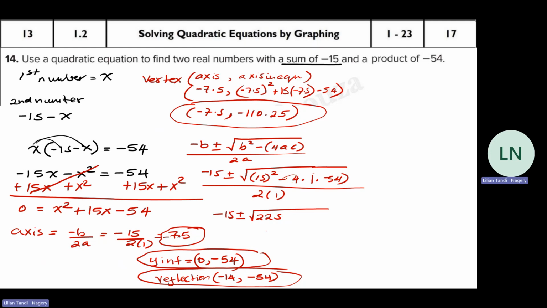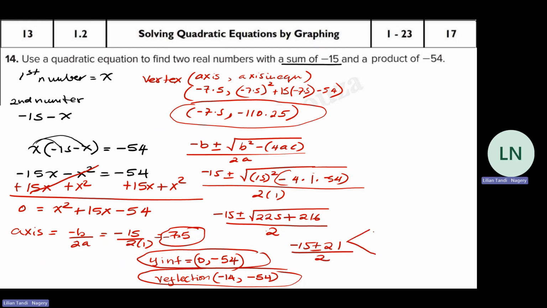Or alternatively, you can also put the bracket here. So your answer will be plus, what is negative 4 times negative 54? That should be positive 216, all over 2. Now, the square root of 225 plus 216 is 21. So this becomes negative 15 plus or minus 21, divided by 2.